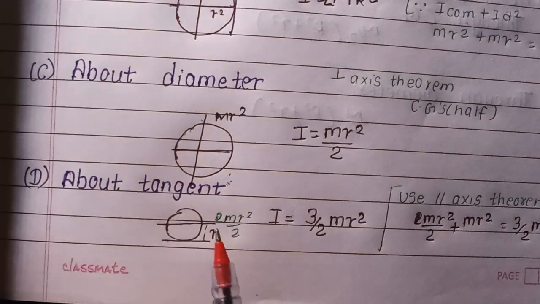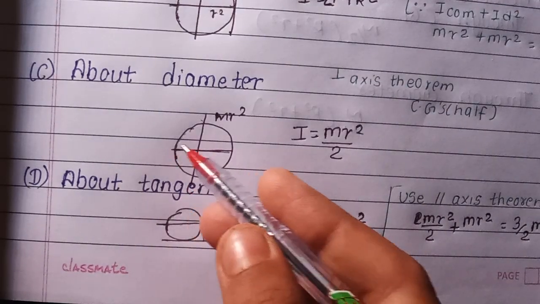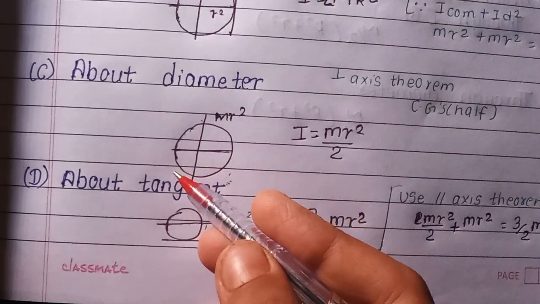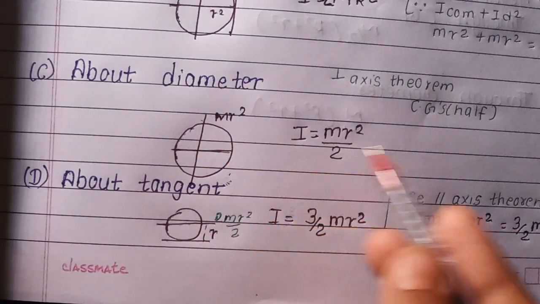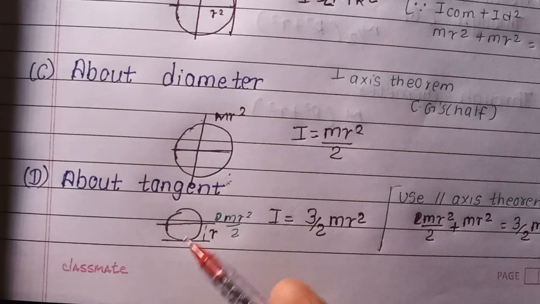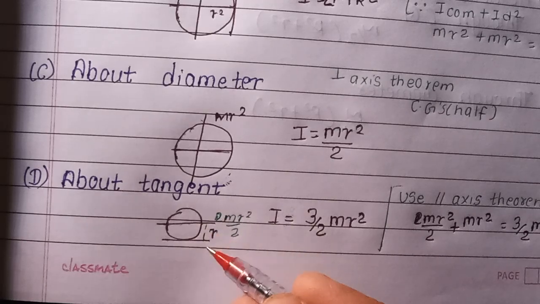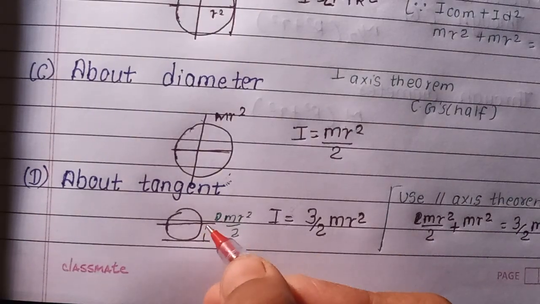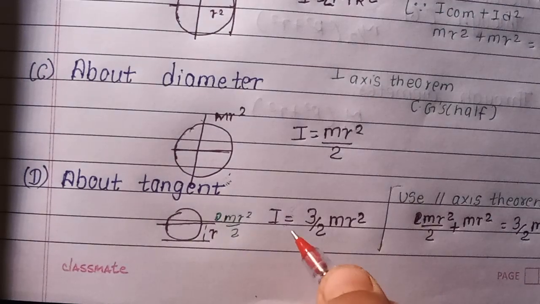And the tangent is parallel to this axis. Tangent is parallel to its diameter. We know that about the diameter it is mr square by 2. Since the tangent is parallel, the distance is also radius r.